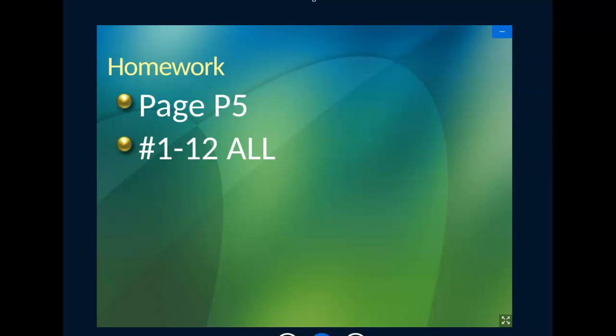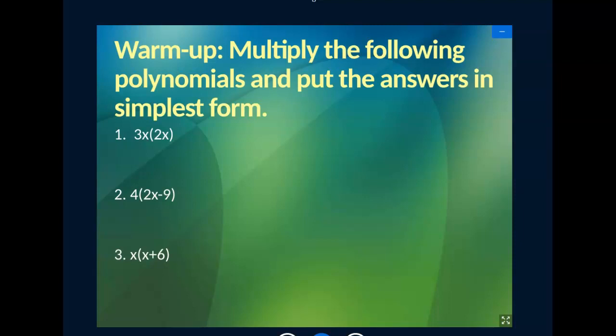So if you want to write down, this is the first part, P5, number 1 to 12, and it's posted in Moodle. And then that's in the textbook that's also on Moodle.